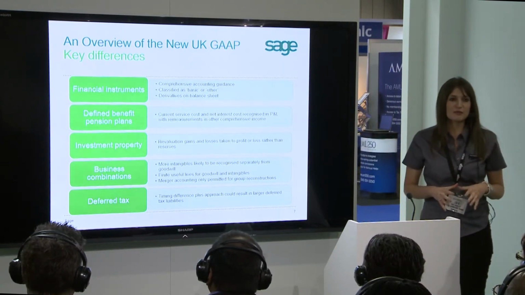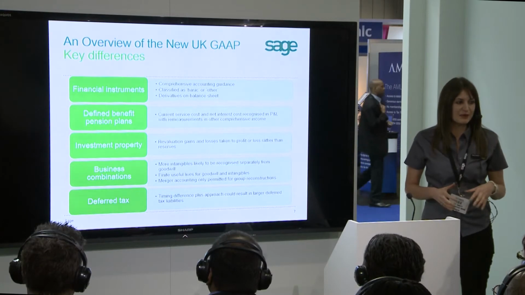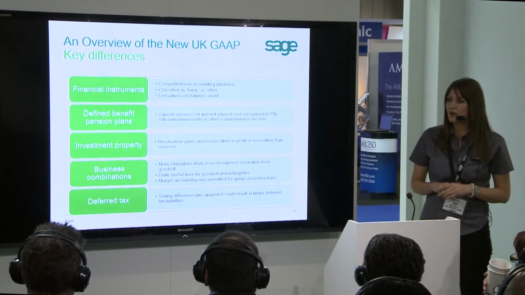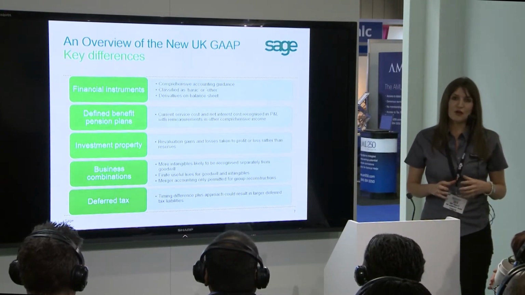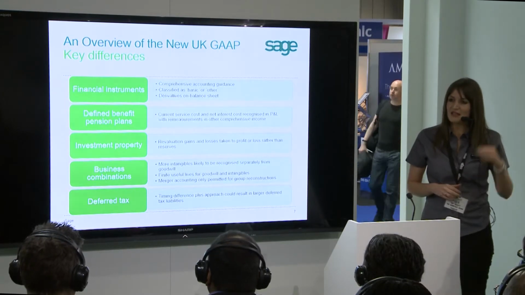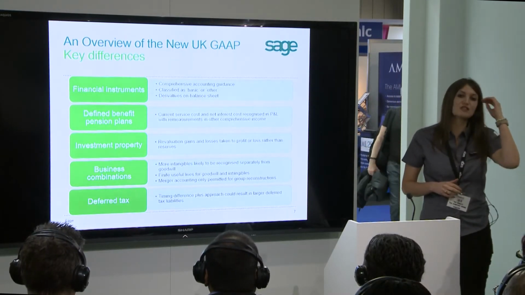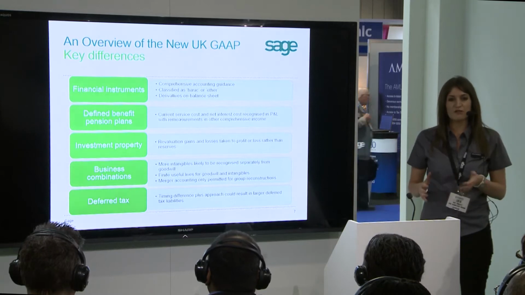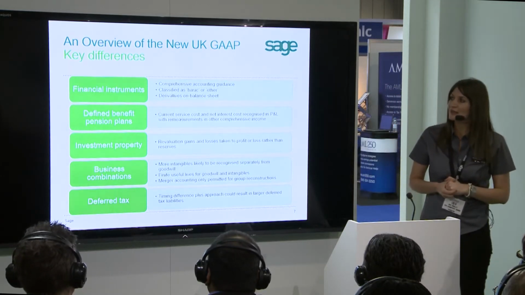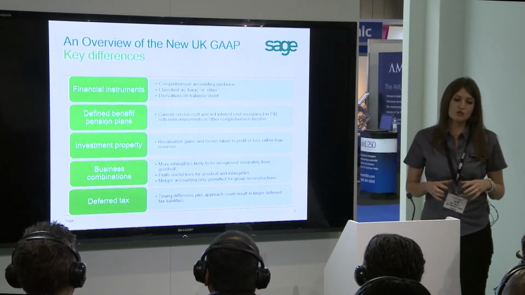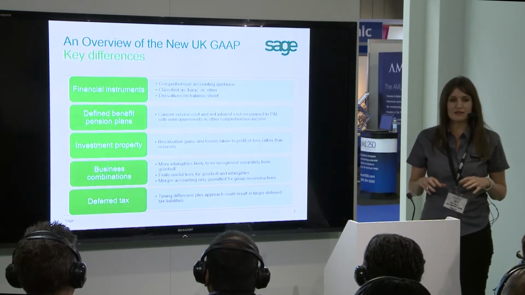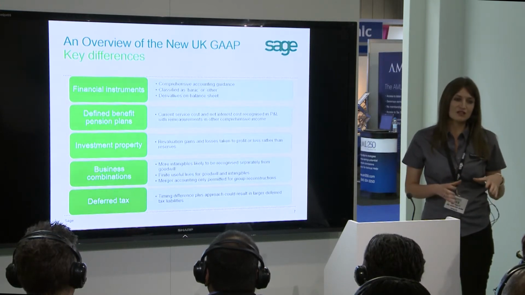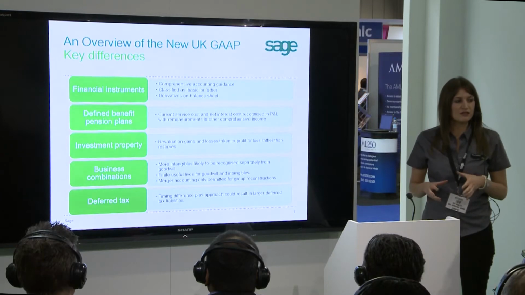So financial instruments is quite a big area of accounting anyway. At the moment, I don't think a lot of people follow the UK accounting standards on financial instruments because they're not mandatory apart from for larger companies. But FRS 102 does split those out into basic financial instruments and other financial instruments.